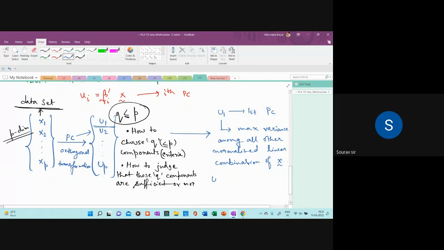Whether I need to choose u2 or not, obviously this is the whole data set, and my main target will be dimension reduction.